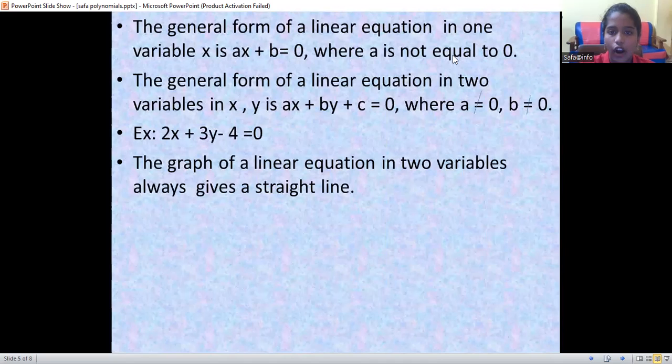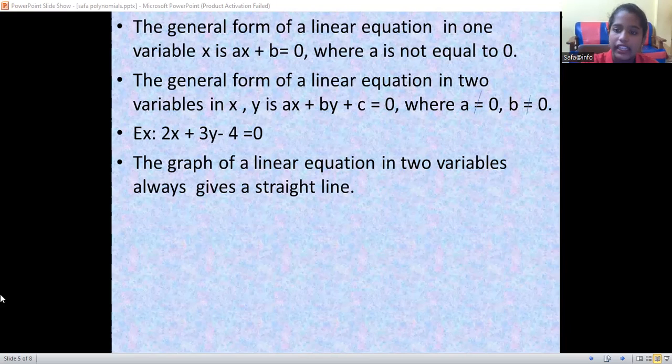So the general form of a linear equation in variable x is ax plus b is equal to 0, where a is not equal to 0. The general form of a linear equation in one variable means having only one variable.